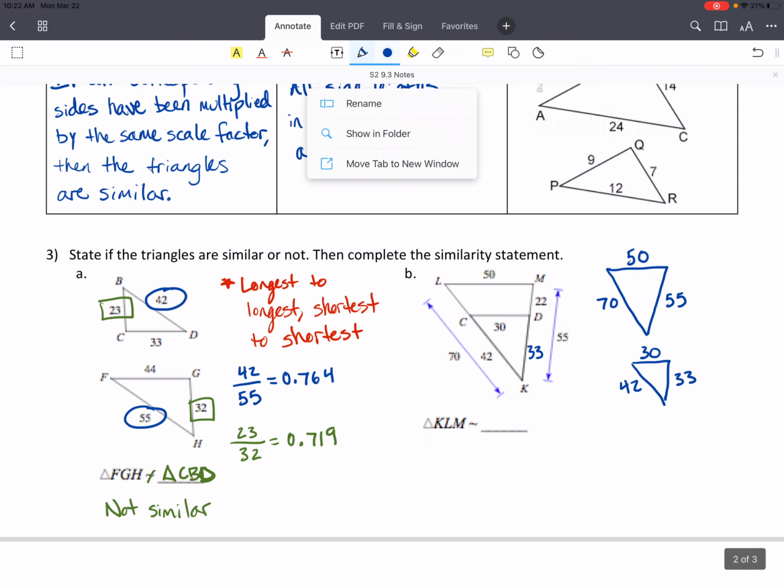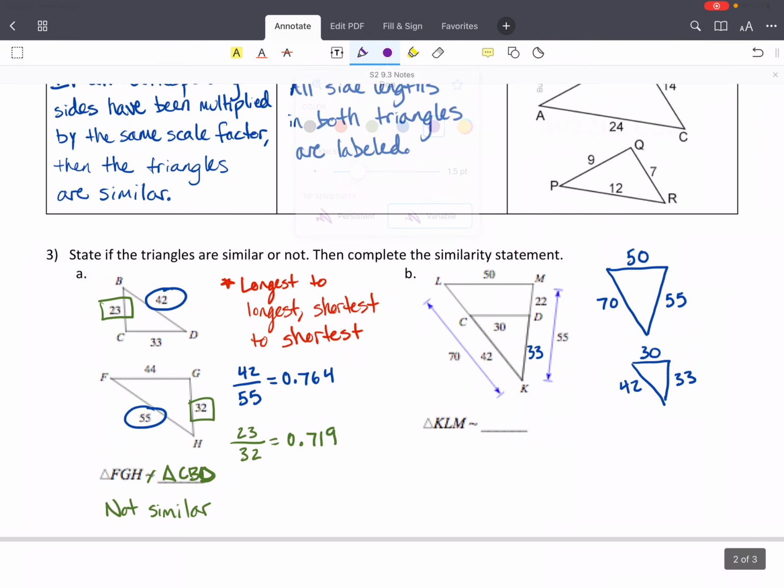And so now we can just line up sides. So we got 50 to 30, which is 1.667. Now I can do 70 to 42.